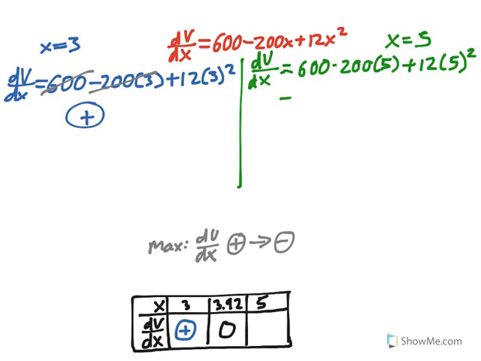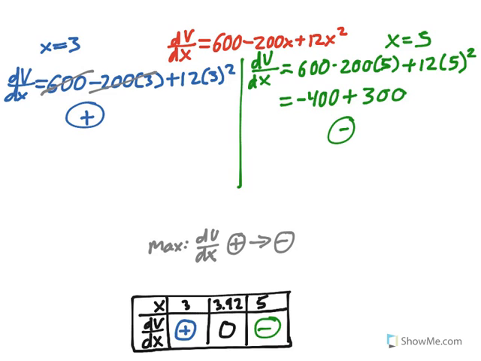So this is going to be 600 minus 200 times 5, which gives you negative 400, plus 12 times 5 squared, which is 300. And so that's going to be a negative number.